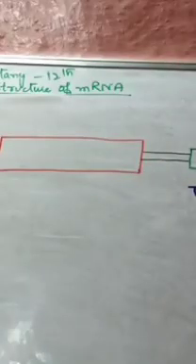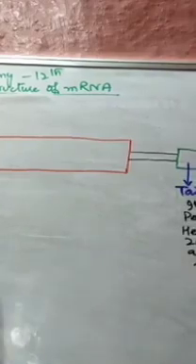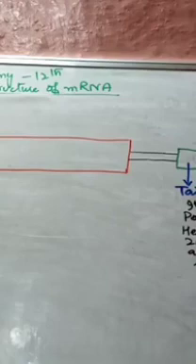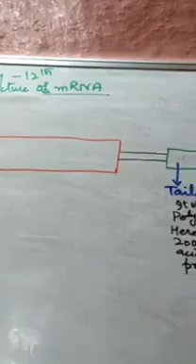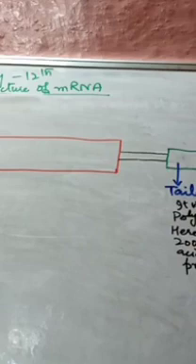Now this blackish box, what is this? This box is called the non-coding region.